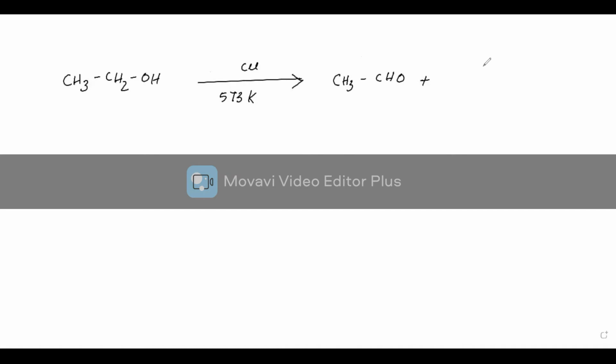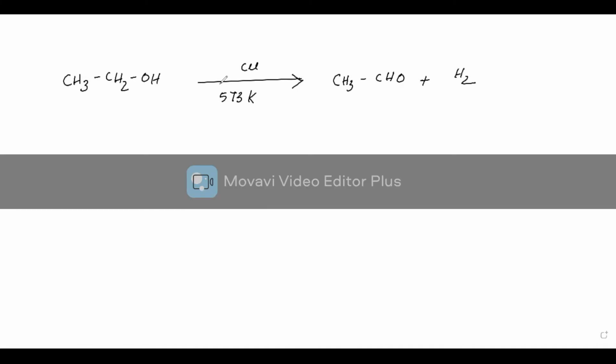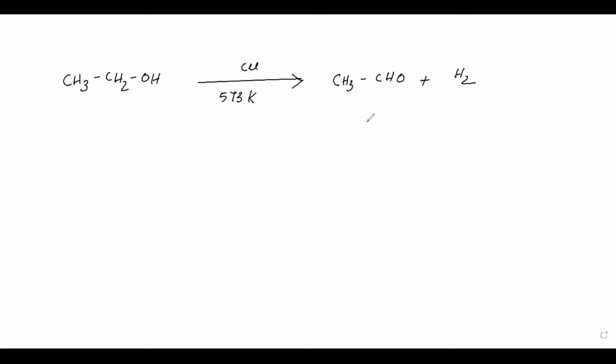The byproduct is hydrogen because it is the dehydrogenation process, the removal of hydrogen. Clear? So when the primary alcohol is vaporized in the presence of copper at 573 Kelvin, we get aldehyde and hydrogen as the byproduct.